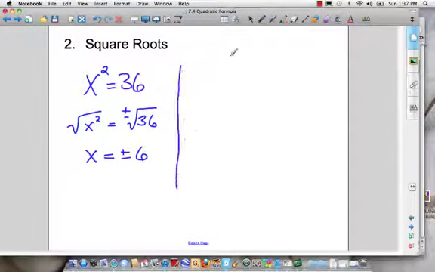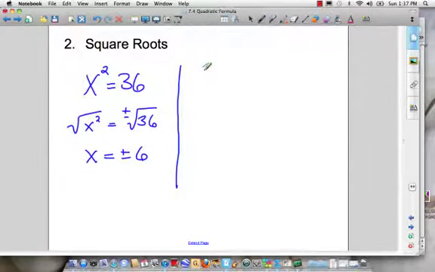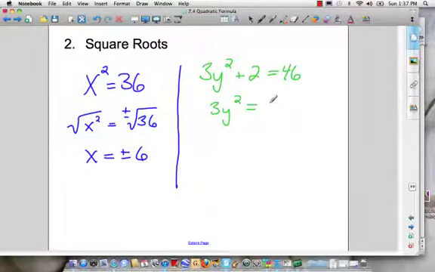This method can be used for an equation that's a little bit more involved. For example, suppose you had 3y squared plus 2 equals 46. Well, I'm going to isolate y squared. So first thing I'm going to do is subtract 2 from each side, and I get 3y squared equals 44.